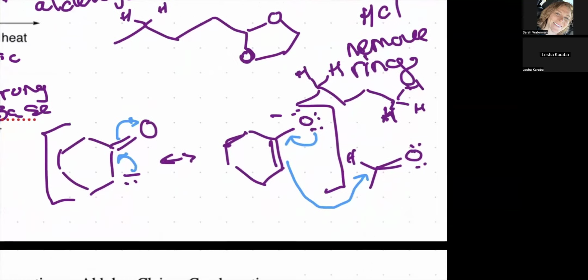That's able to react with our number 2 here. So this comes in here, this goes down here, and what we end up with, I'm running out of space.